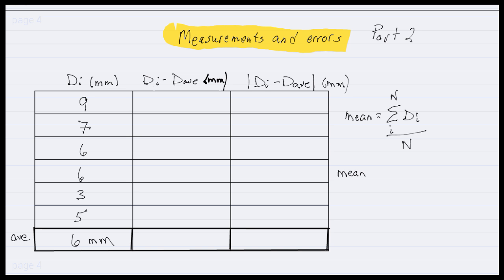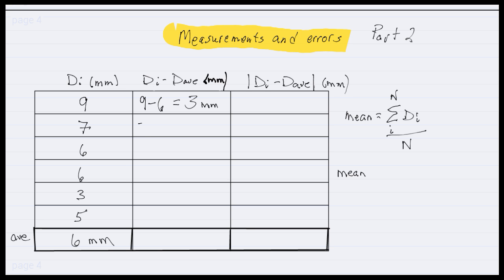What we're interested in is how much each of these measurements deviates from the average. That's what this second column is. We're going to compute the deviation for each of the measurements. In the first case we take 9 and subtract the average value, 6, which gives us 3 millimeters.